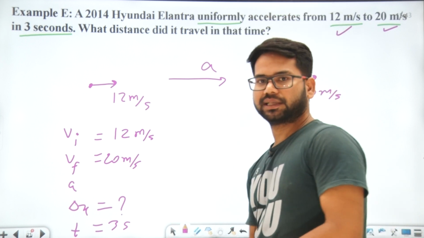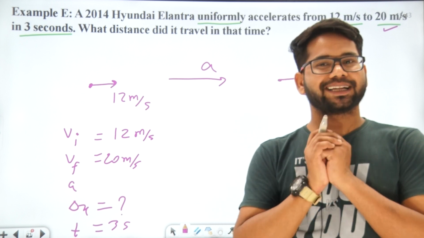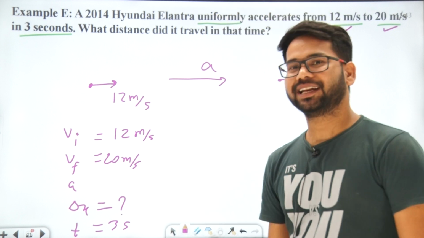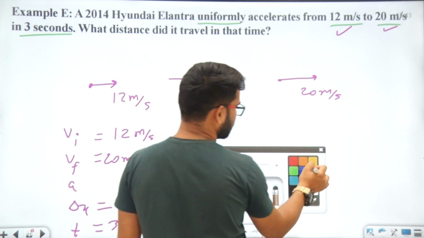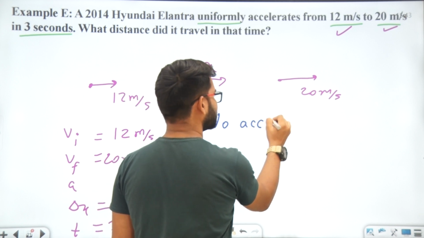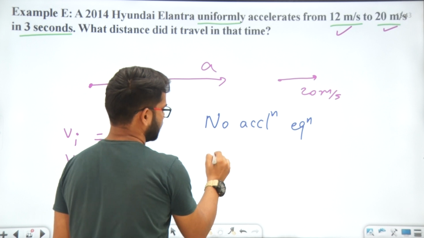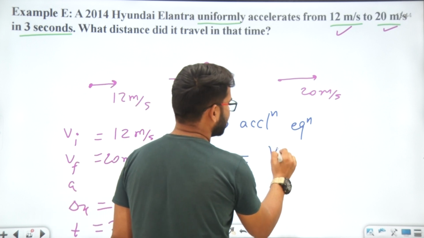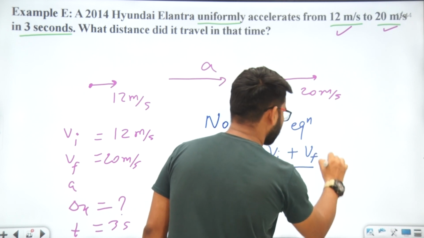So let's calculate this delta x. We need the no acceleration equation, right? Delta x equals (Vi plus Vf) over 2 into t.